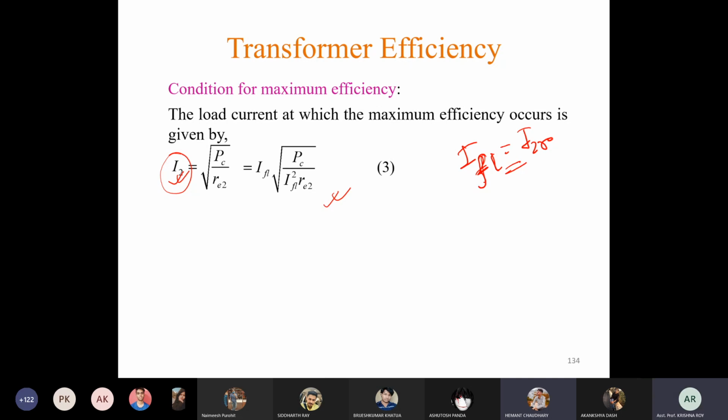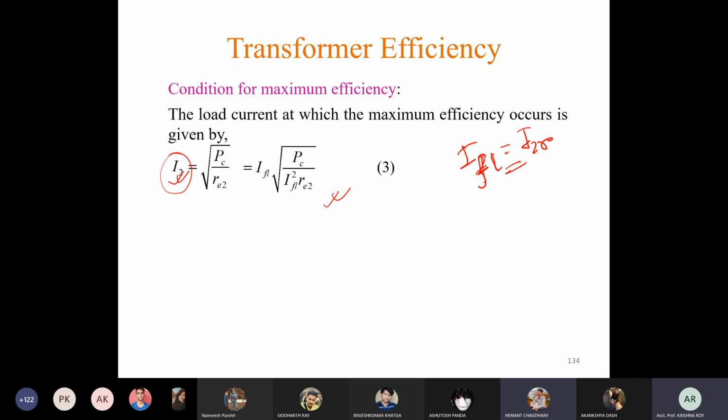Either way you can calculate it: use the core loss and equivalent resistance referred to the secondary side, or calculate the full load copper loss and apply this formula.